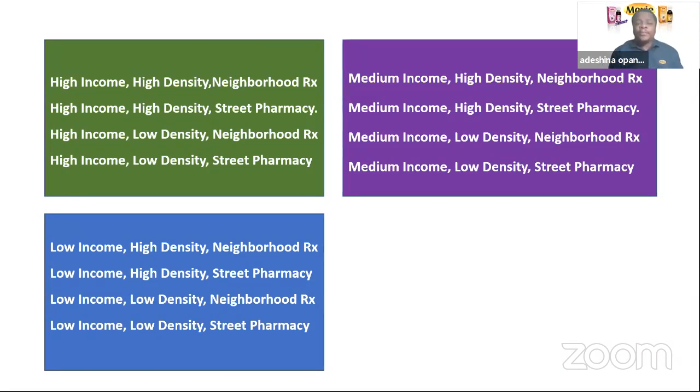Now, low income, high density is not a problem. All you need to do as a pharmacy is to provide the level of goods and services at the level of their income. What that means is that you may not be stocking tier 1 products.